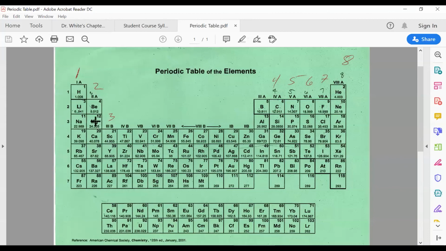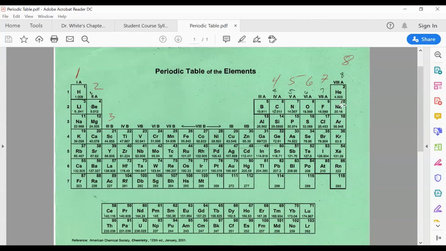Here's magnesium. You want to find the nearest noble gas that's closest to it numerically based on atomic number. In other words, which one has the smallest difference from 12? You have two choices, 10 neon, 18 argon, Ar.